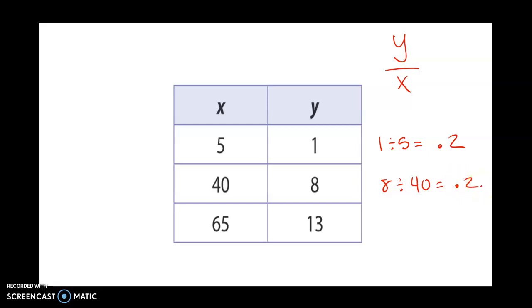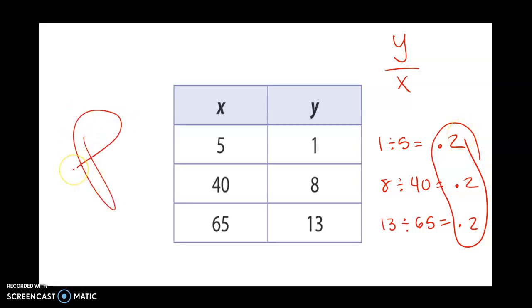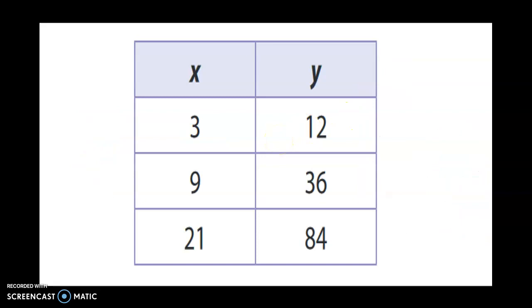Okay, now I have 13 divided by 65. Anyone have a guess? You got it, 0.2. Are these all the same? If they are all the same, then this is proportional. We're done. Let's do one more.